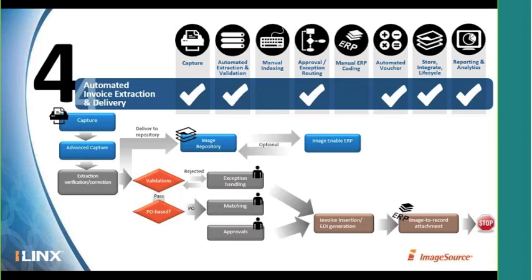And the workflow then routes it for any type of exception handling that needs to be done, matching if that's required, approvals, account code assignments. And similar to a level 3 solution, the final invoice information is then delivered directly to your financial system. And the new record is content enabled for future processing and future access.